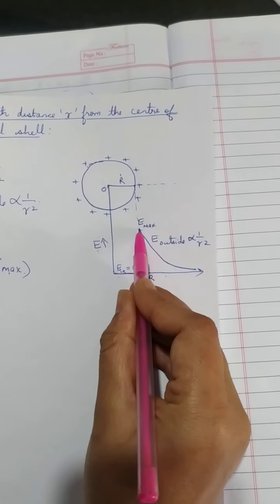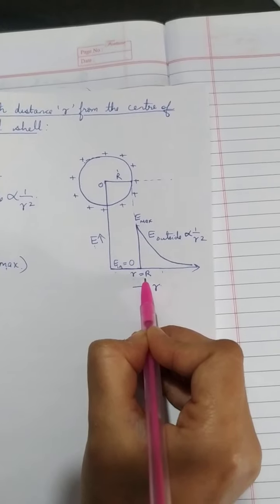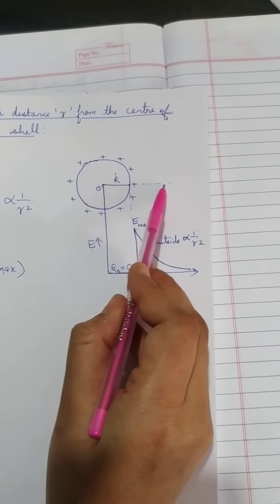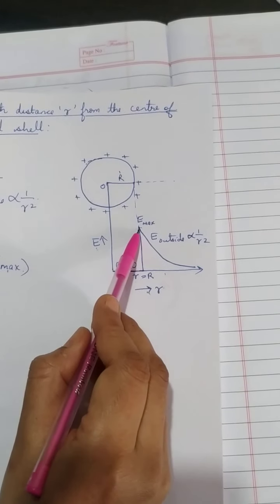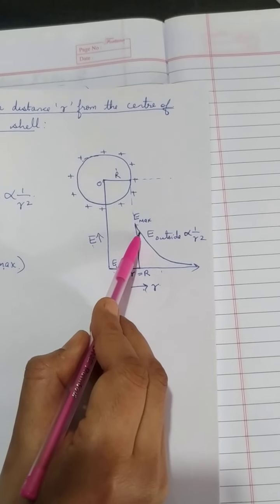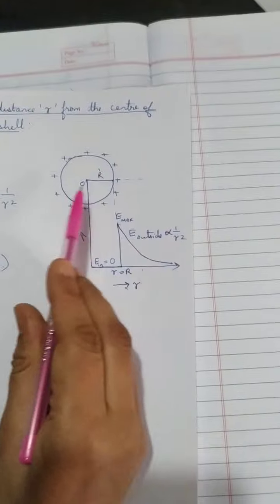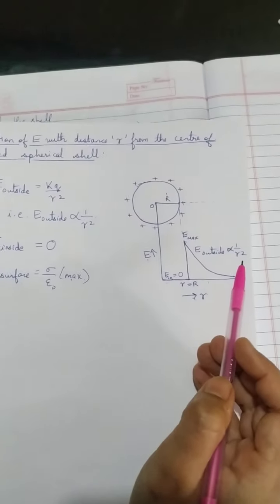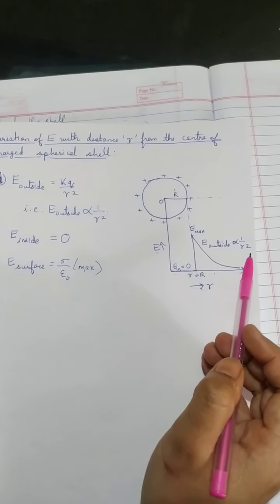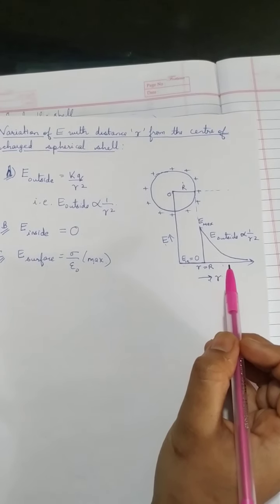So it is E max here when R is equal to capital R, and as you go away from the surface it varies as inverse square law. So the value decreases like this. This shows the variation of electric field intensity with distance r from the center of a charged spherical shell.